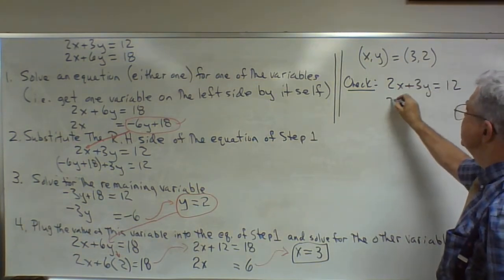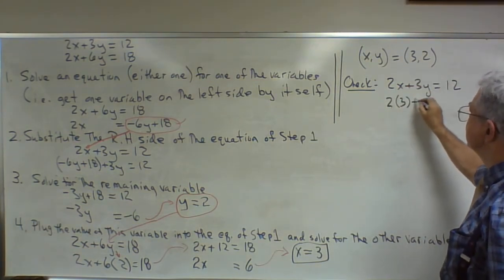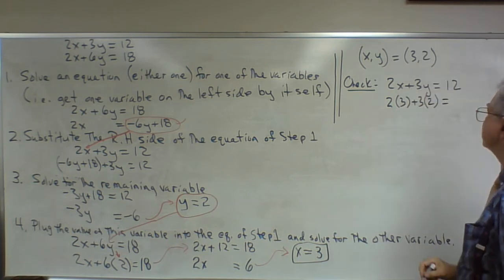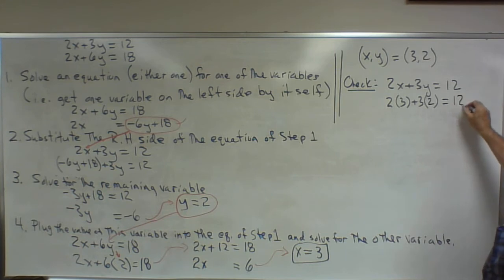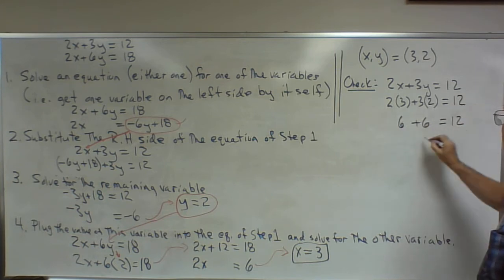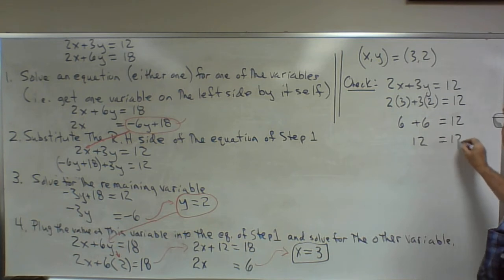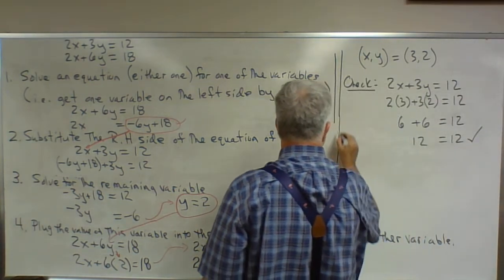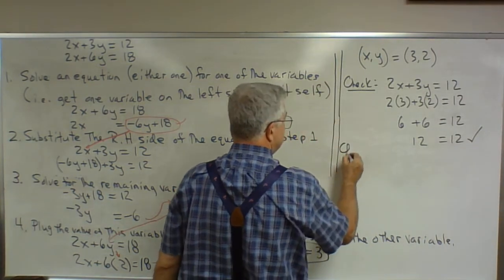X is 3. Y is 2. And that gives us 6 plus 6 equals 12, or 12 equals 12. Our tentative solution, or our prospective solution, works for the first equation.